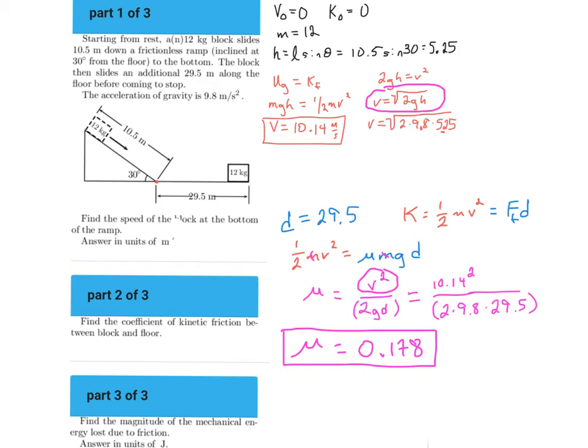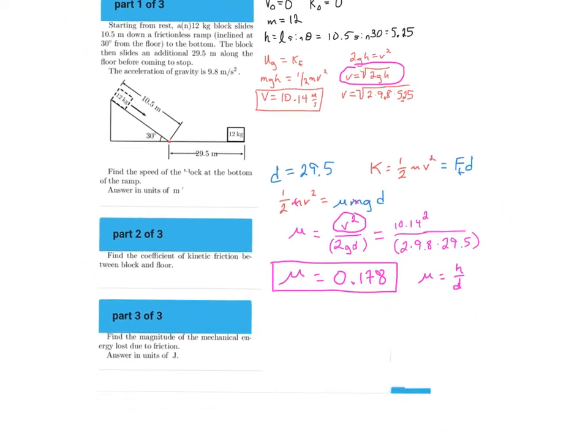The 2g's would have canceled out, and the further simplified equation for the coefficient, we could have also done just the height divided by the distance. So if you want to try that out, that will give us the same answer as well. That's a much easier calculation. Sometimes it's interesting how things simplify and become really, really easy.